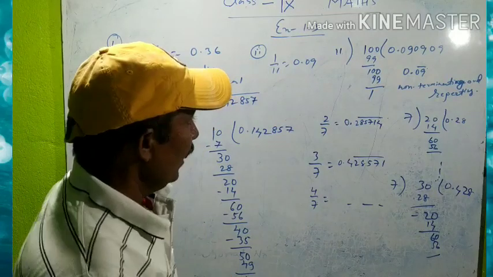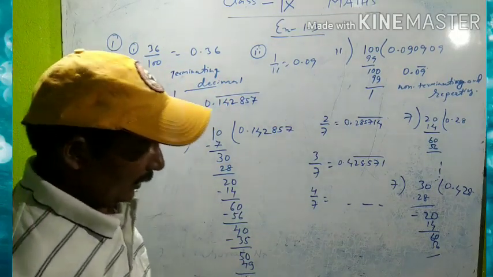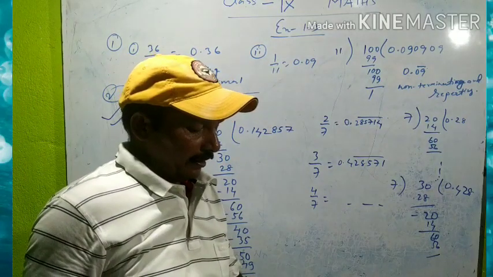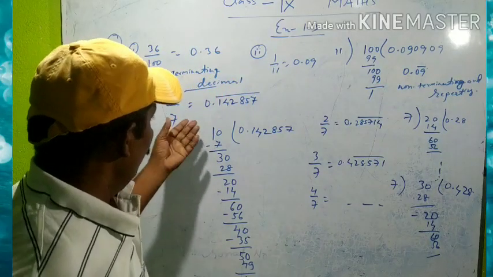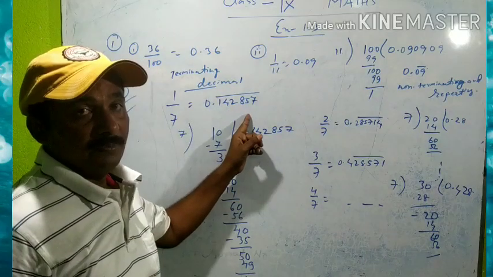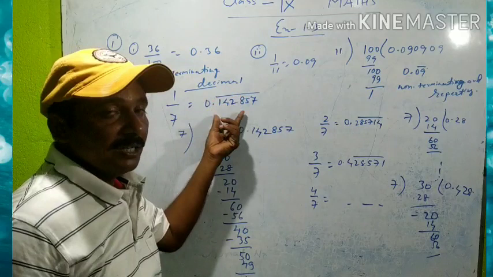Question number 2, as I have already written here. In question number 2, it is given that 1 by 7 has already been converted into decimal form, and its decimal expansion is non-terminating and repeating.